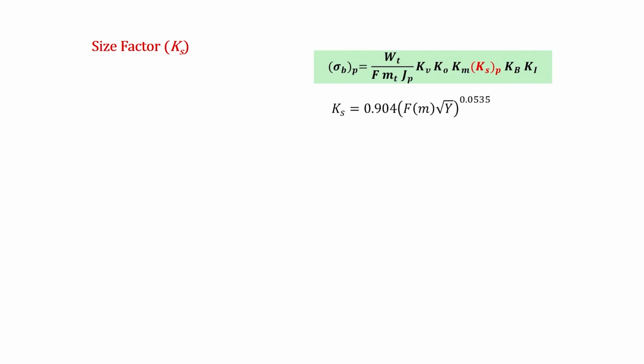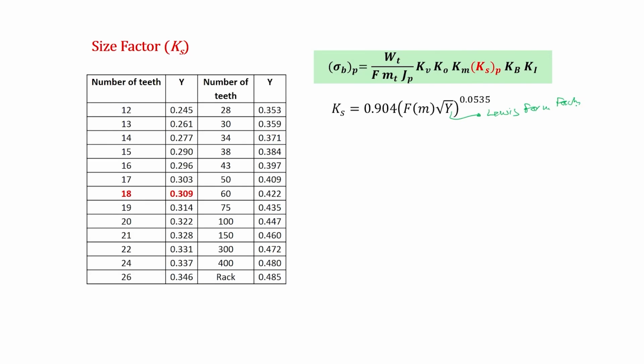The next is the size factor. The size factor is given by 0.904 F m under root y. This y is the Lewis form factor, and this is determined from this table based on the number of teeth. So, to determine y for the case of pinion, the number of teeth is 18, and so y is 0.309.